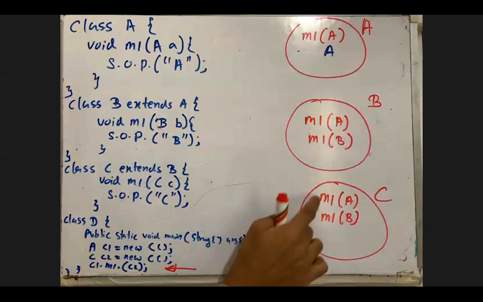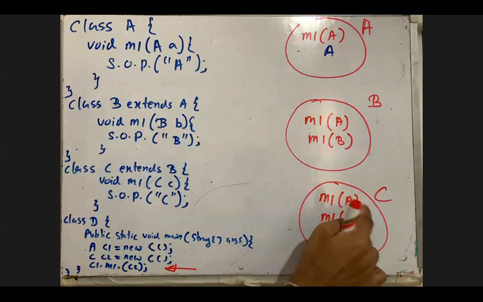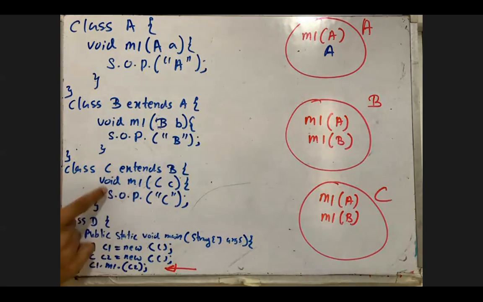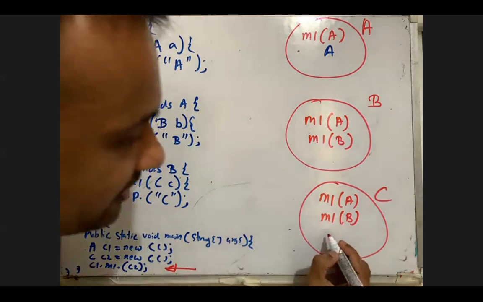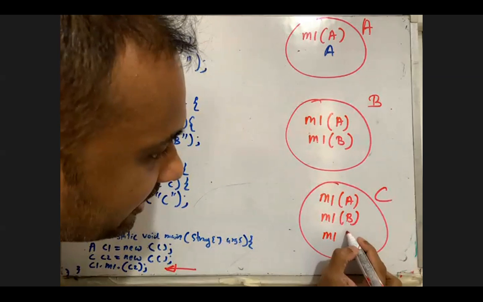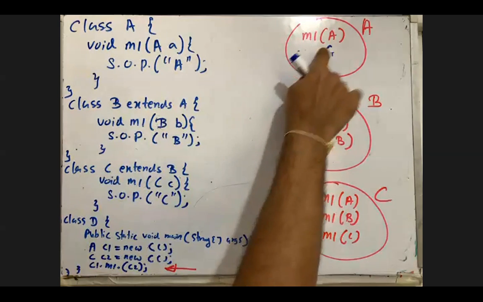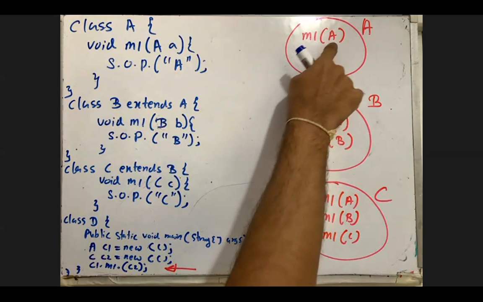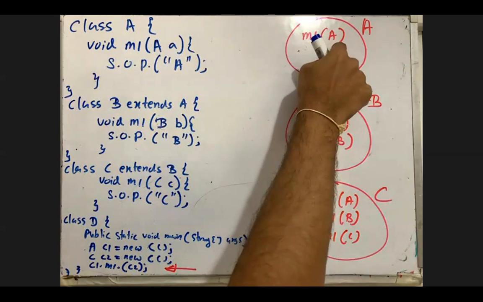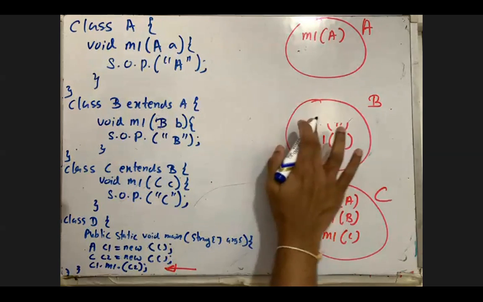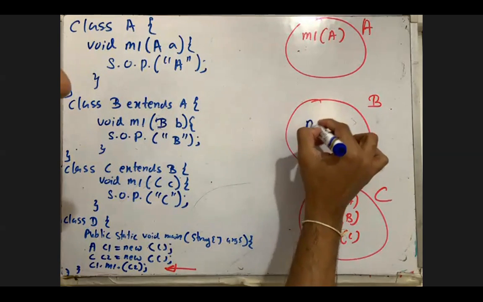Here M1 doesn't override either one because here it is A, B, here C. Therefore, this is its own method. C's own method, M1C. Here I put the M1 in a different color.